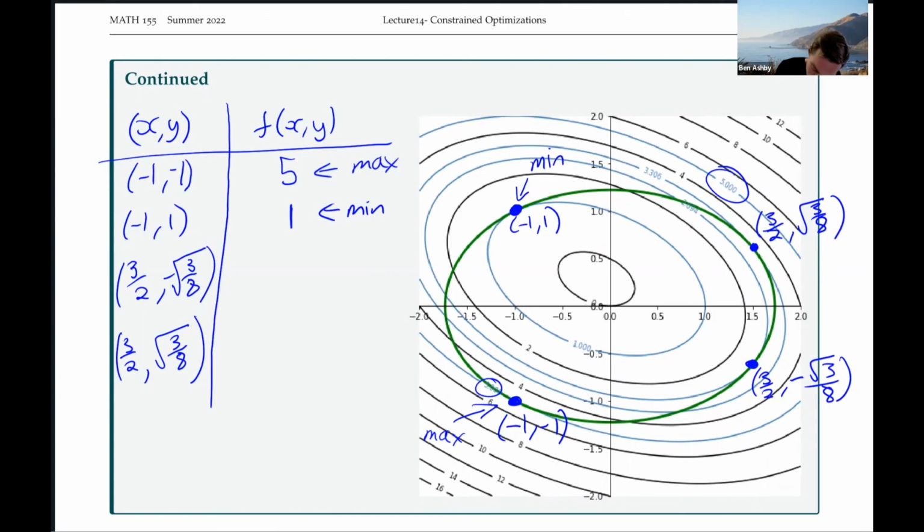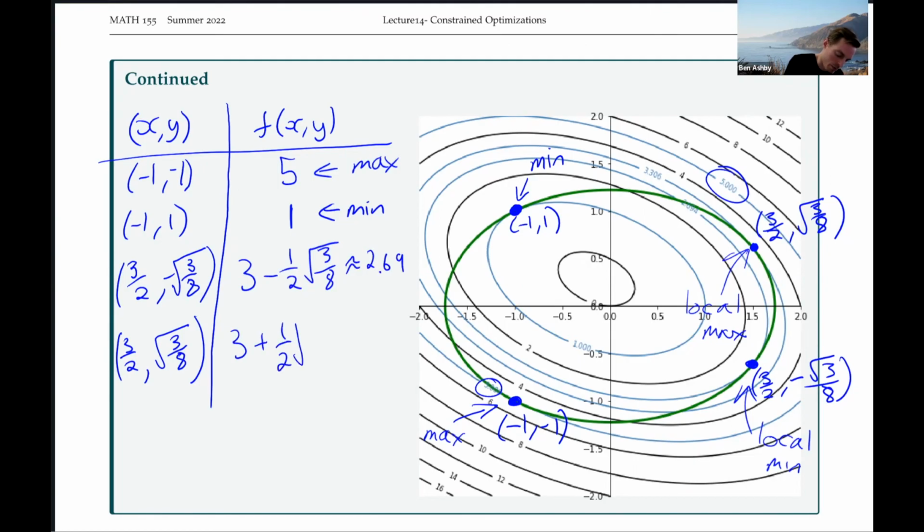If we do the same process for these other points over here, we see that this one turns out to be a local minimum, and this one here is going to be a local maximum. The function values here, if you plug them into the function, we end up with 3 minus ½ of root 3 over 8, which is approximately 2.69, and the other one is 3 plus ½ of root 3 over 8, which is approximately 3.31.